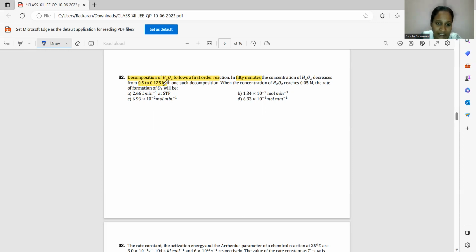Once K, the rate constant of a first order reaction, is determined, then you will be able to determine the rate of formation of H2O2 when the concentration is 0.05. And the third step is, after calculating the rate for the formation of H2O2, we will also determine how much formation of O2 is obtained. That is, the rate of formation of O2.